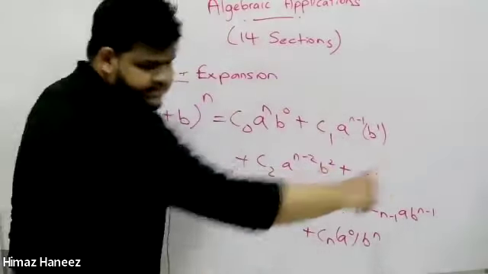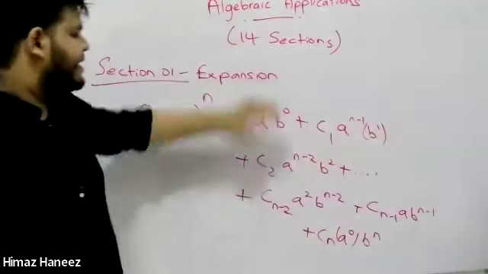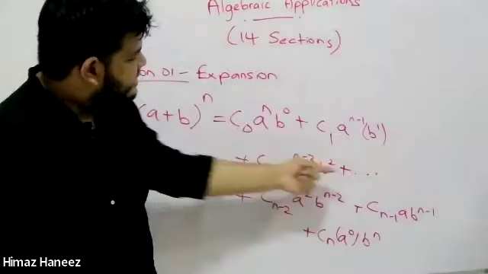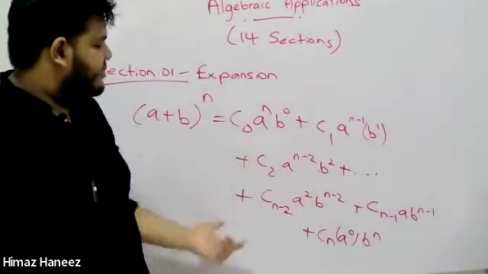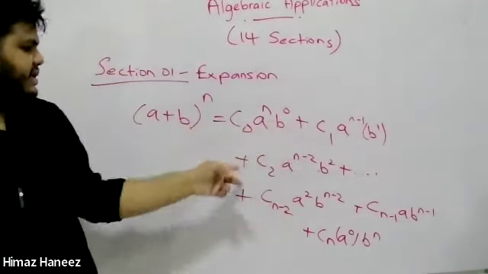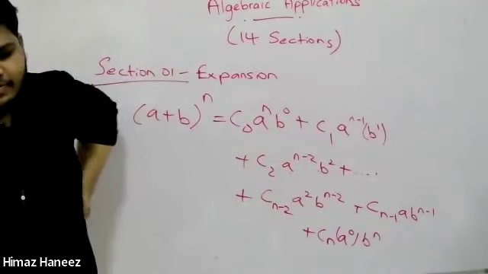Write like this. Don't write on the same line. I didn't have space, so I wrote it down. After writing this, write this, and then there are 3, 4 dots here. That means this is a very big thing, but I've just reduced it to these terms. I'll explain what C note, C1, C2 is. Just write this, will you?